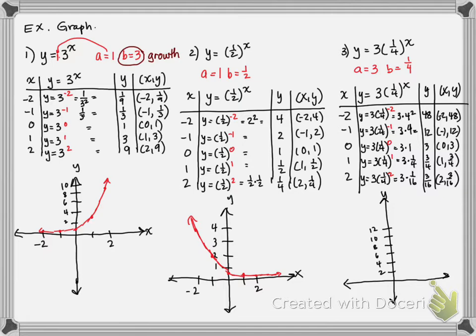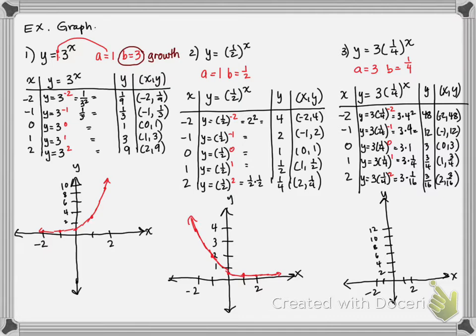Okay, let's graph those points. So when x was negative 2, we went up to 48. So that's going to be way off of this chart, so I'm not even going to graph it.